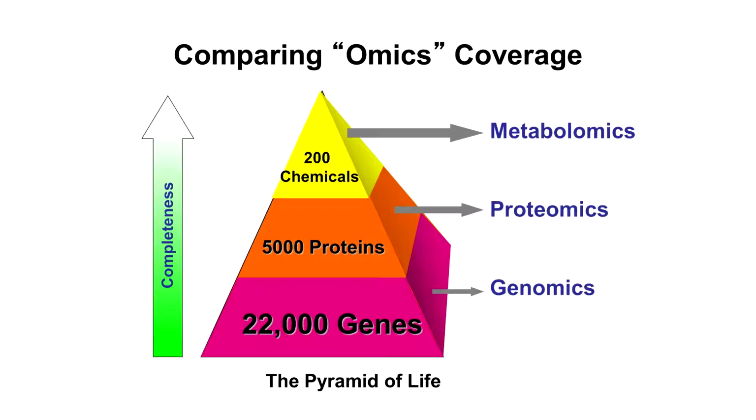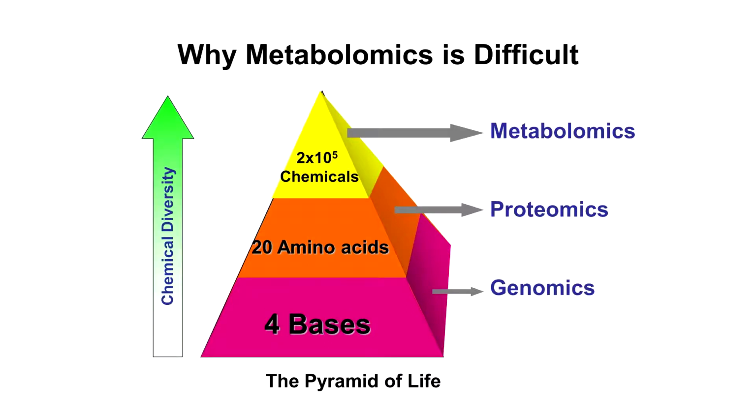And the reason has to do a lot with chemistry. In genomics, people only have to deal with basically 4 kinds of bases, and they're very, very similar chemicals. In proteomics, you have to only deal with 20 amino acids. Yes, they're in different combinations, but the chemistry of amino acids is well known.